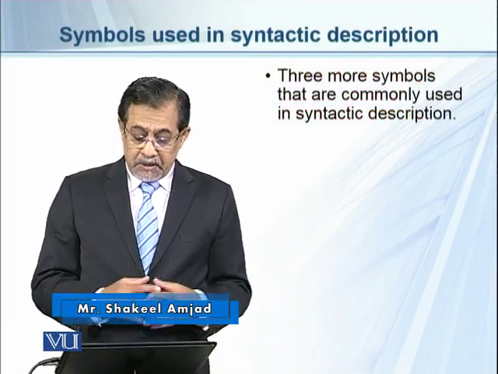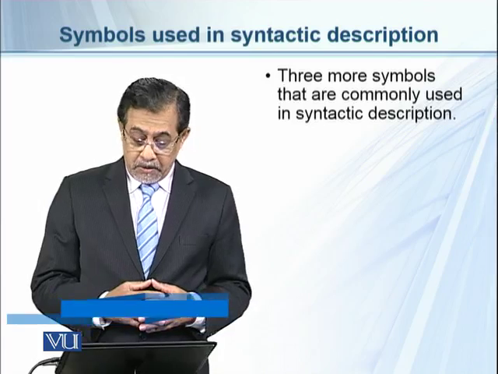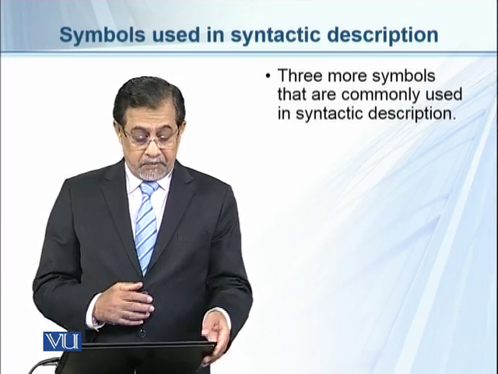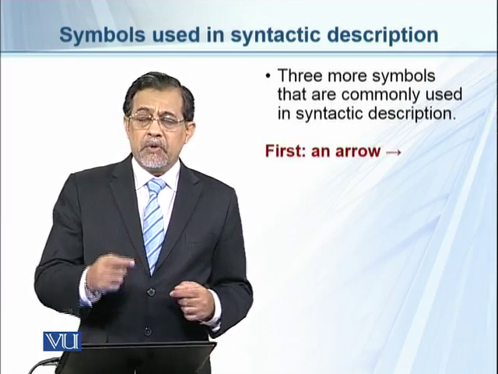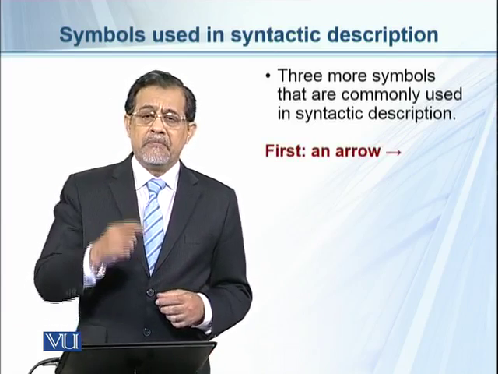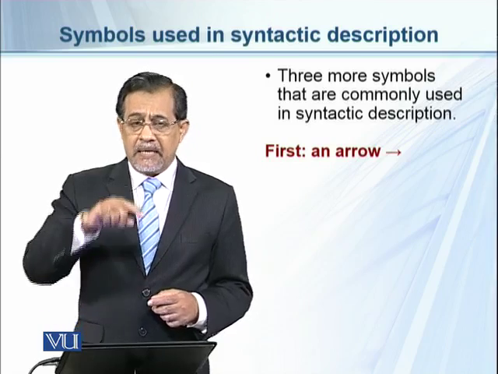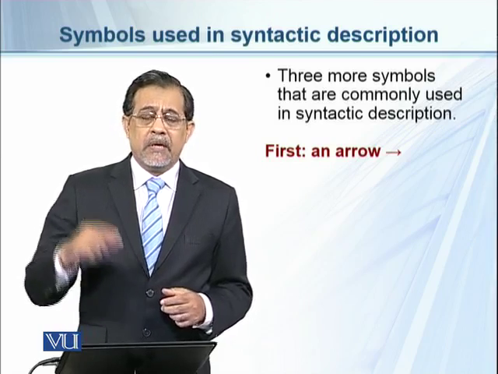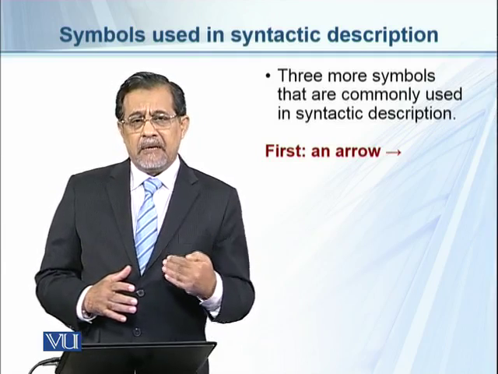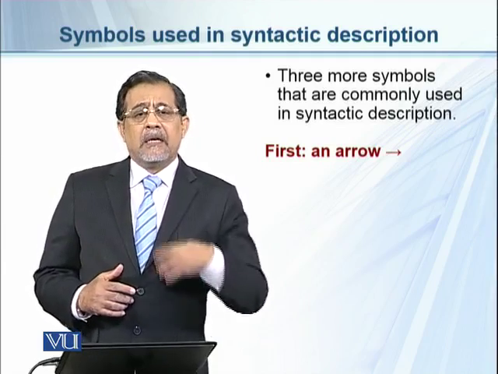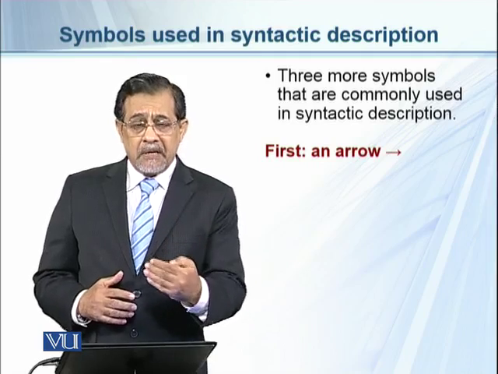Three more symbols are commonly used in syntactic descriptions. First, an arrow. When we put an arrow, for example, we say S and then we put an arrow and then we say NP and VP, we mean that, and we can interpret it as, consists of, or rewrites as.